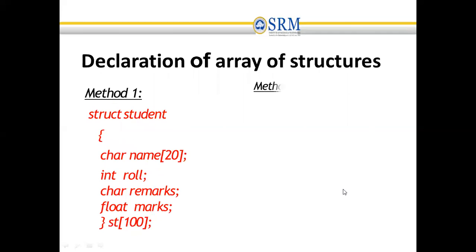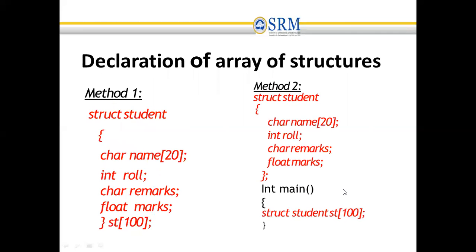So how to declare this array of structures? You will be provided with two different methods. The first method is inside the definition of the structure itself: before the semicolon that closes it, you can say st[100]. This is one way of declaring that you want 100 instances of the type student through an array of structures.